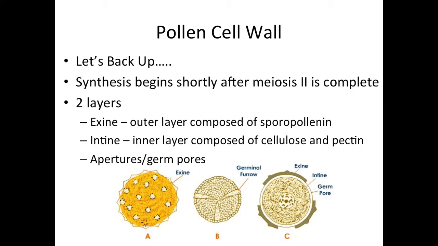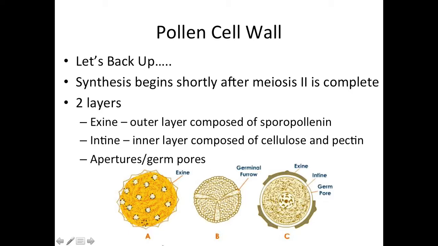The inner layer of the pollen grain is called the intine. The intine forms a complete layer around the pollen cell wall. We'll see in a minute that the exine is incomplete because it has to have germination pores so that the pollen tube can grow. The intine is composed of cellulose and pectins, so it's much more similar to a normal cell wall.